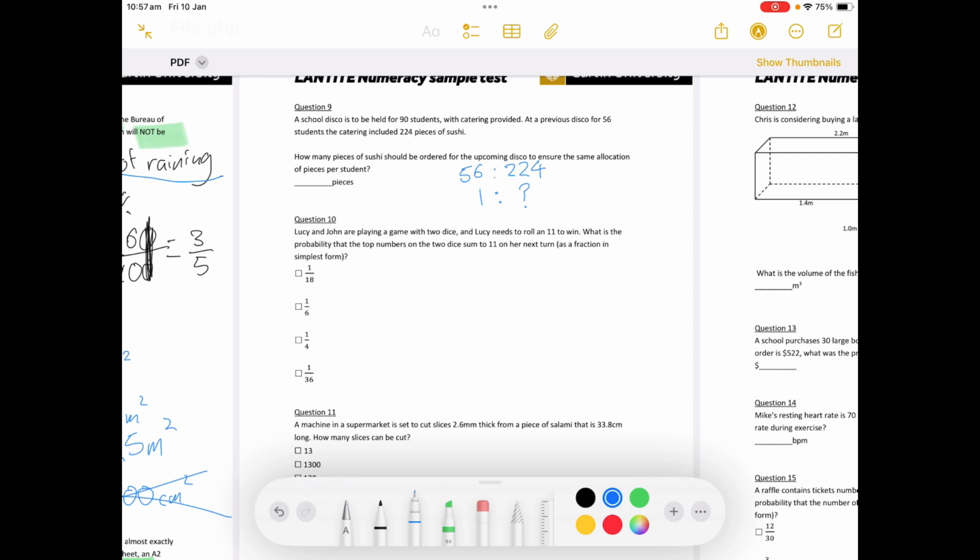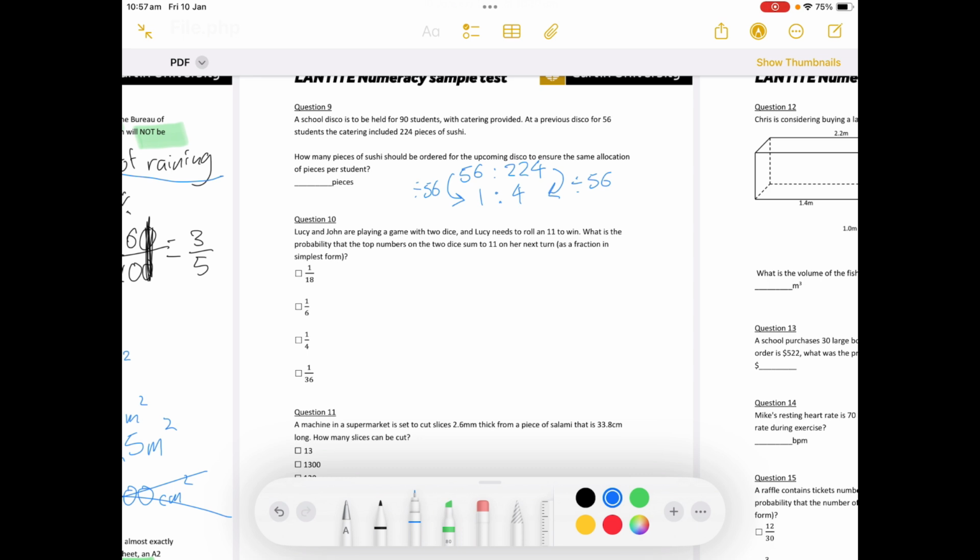So to get from 56 to 1, I'm going to divide by 56. If I divide this side by 56, same thing's going to happen to the other. So let's do 224 divided by 56, and that means that each student is going to get 4 pieces of sushi.